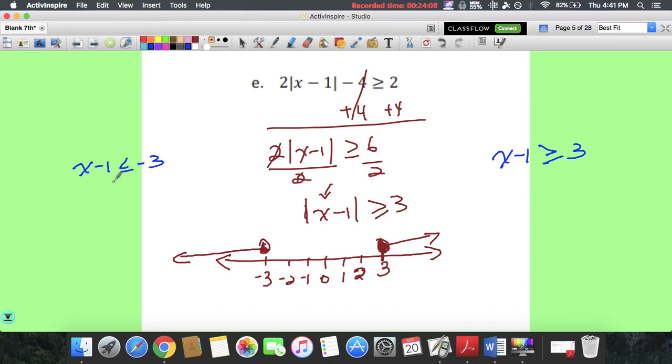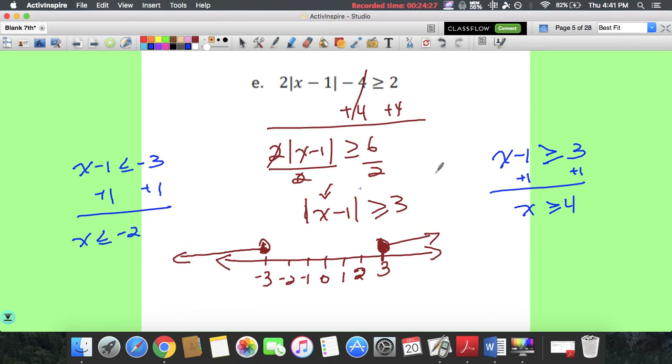Those are my 2 conditions here in order for this to be true. So if you solve it, you get plus 1, x is greater or equal to 4, plus 1, and x is less or equal to negative 2.